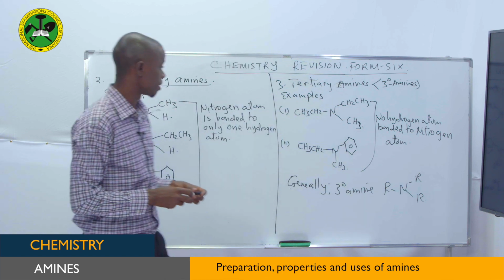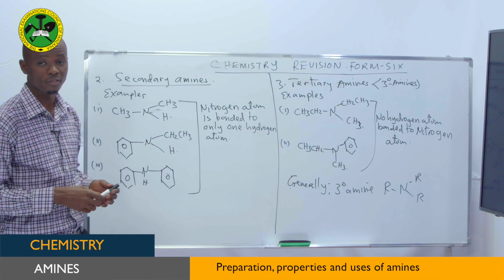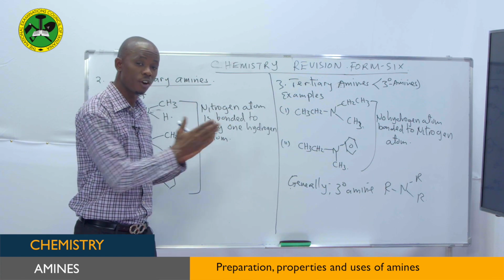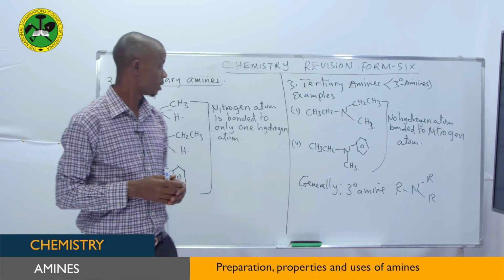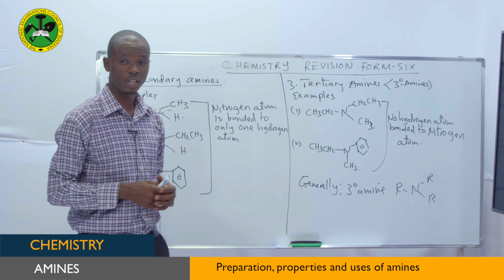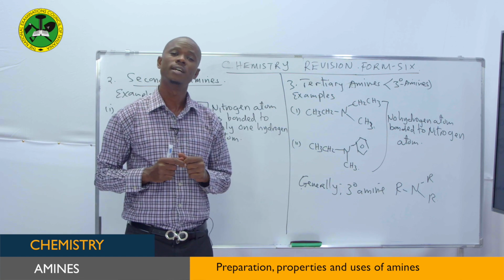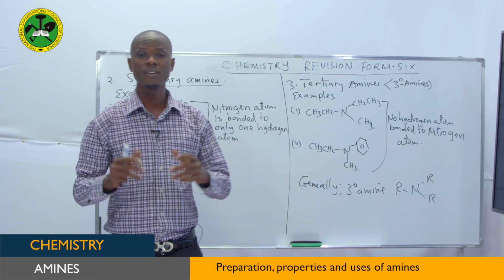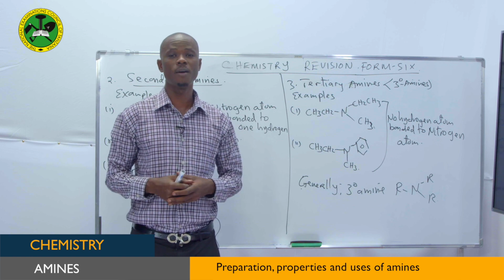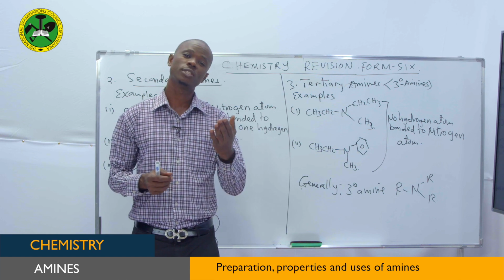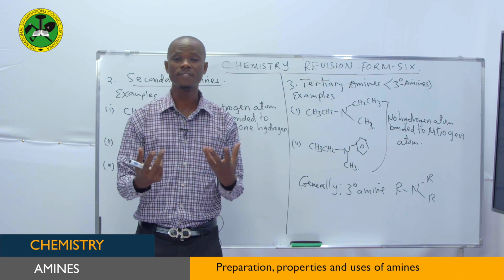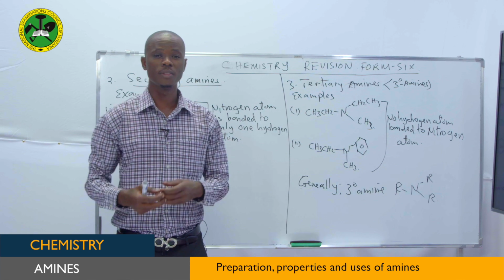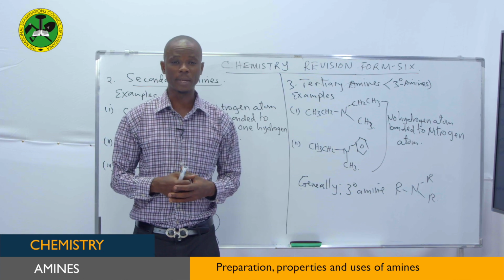So these are the classes of amine that we have seen. Now from here, we can also discuss the reactions of these amines. But before we go to the reactions of these amines, we have to see how reactive amines are. Because if we don't know how reactive amines are, it will be very difficult for us to proceed with the chemical reactions of amines.